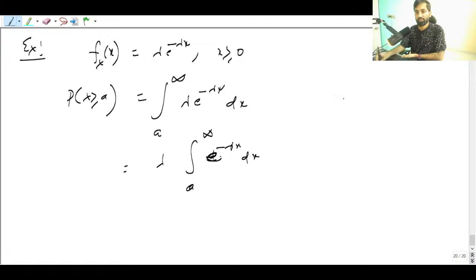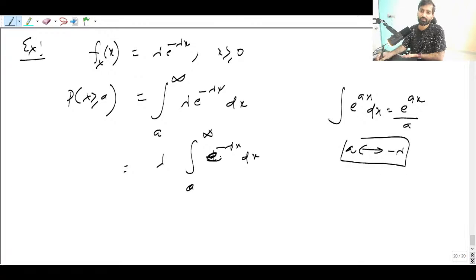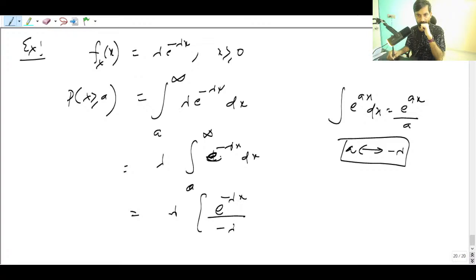Now you should know this result: the integral of e raised to power ax dx is e raised to power ax by a. Simply you have to replace a with minus lambda. So if you replace, you get e raised to power minus lambda x upon minus lambda, from a to infinity. What is the result here, guys?